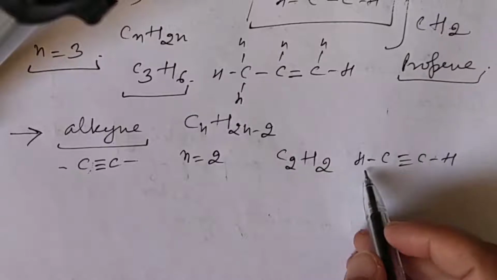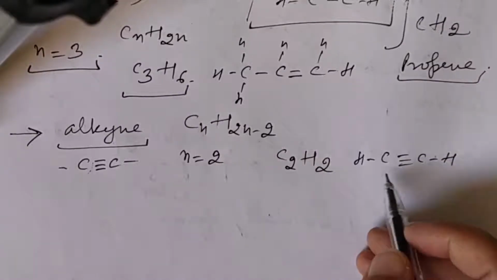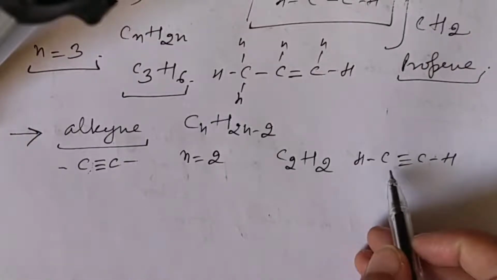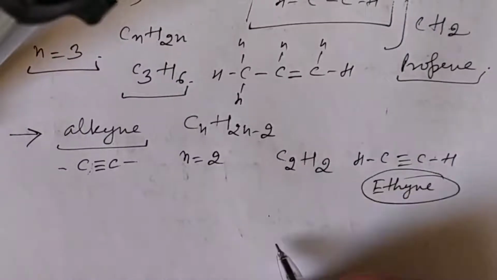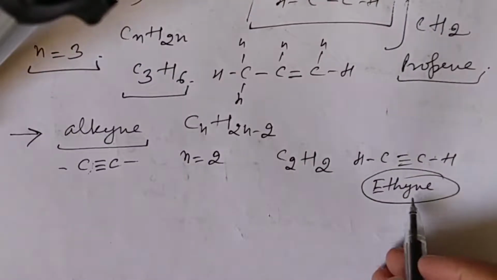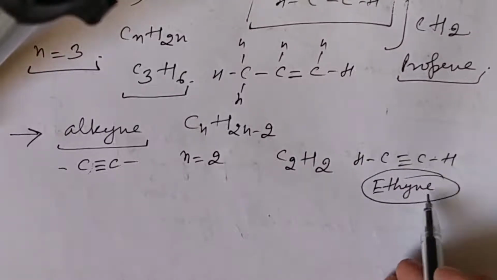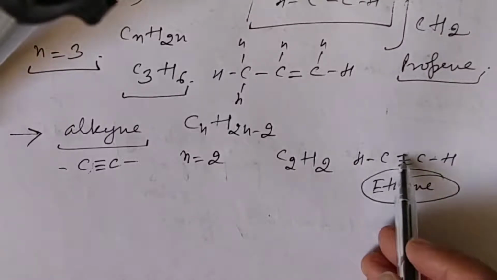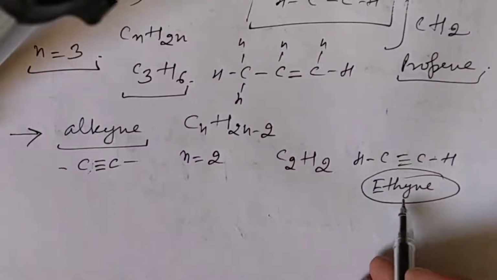You don't have to write more than 4 valencies because carbon is tetravalent in nature. The IUPAC name for the compound will be ethyne. Why ethyne? Because eth stands for 2 carbon atoms and yne stands for triple bond. Okay, so this is the structure of the ethyne molecule.